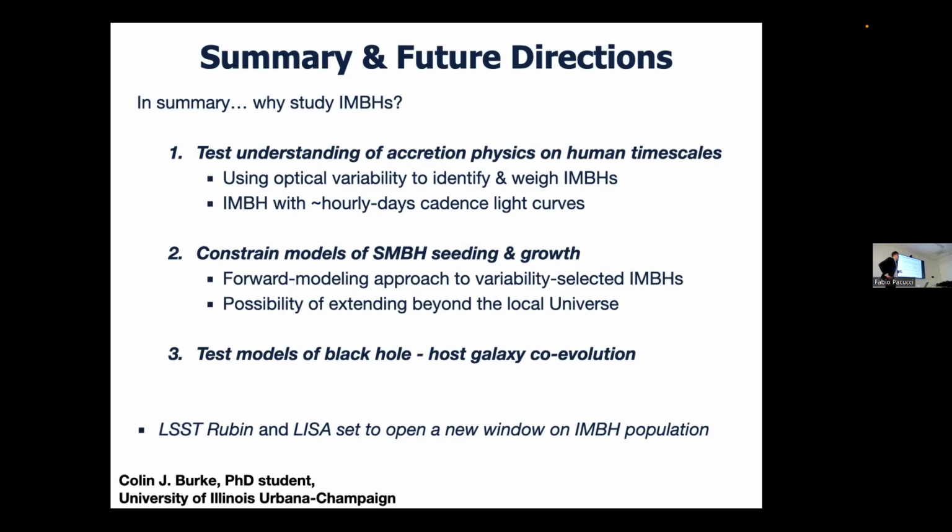There are relations between the mass of the black hole and the stellar mass of the host galaxy, or the bulge mass, or the luminosity of the bulge, and you can plot those correlations. They're quite tight for quasars, but does that hold for IMBHs? I don't think we know, and that might be an interesting avenue to explore.